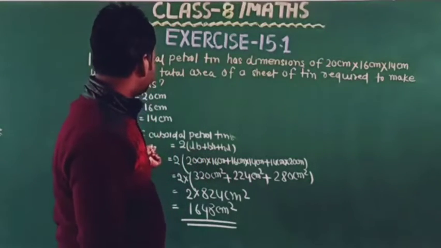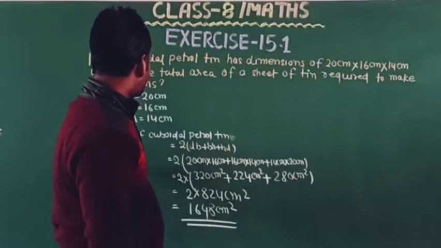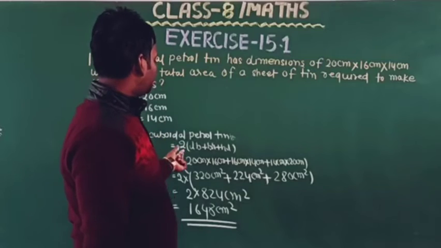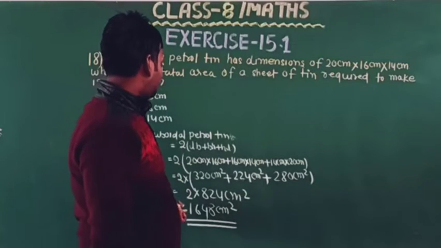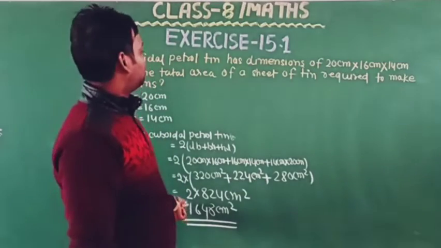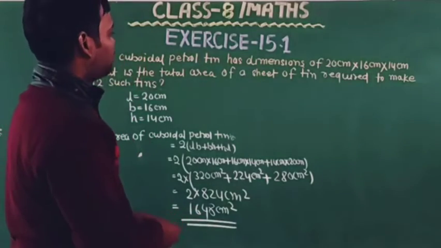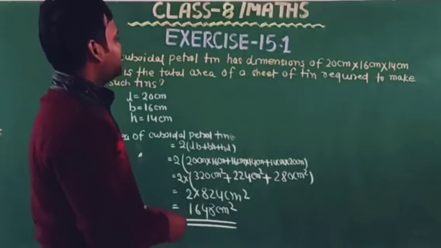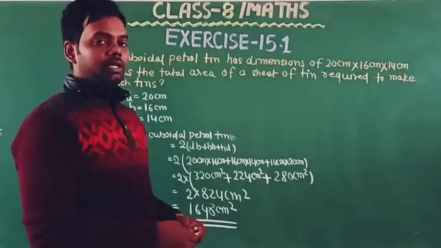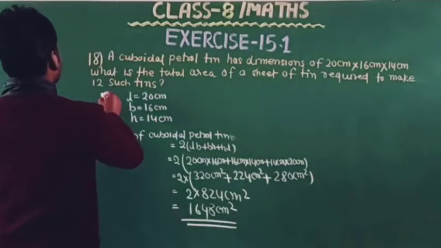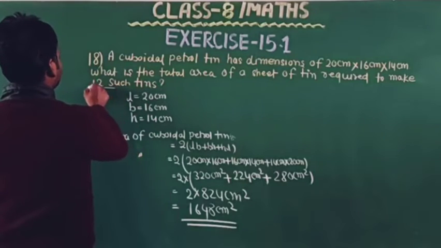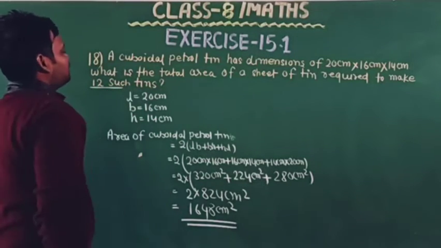This is the area used in one petrol tin, and in the question we have to find the total area of sheet of tin required to make 12 such tins.